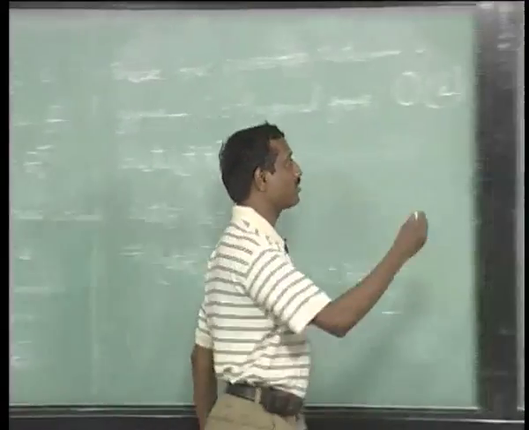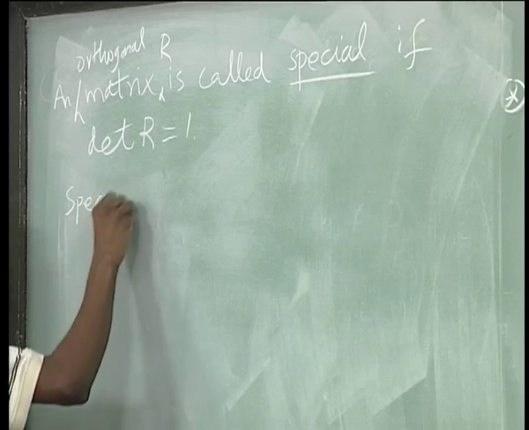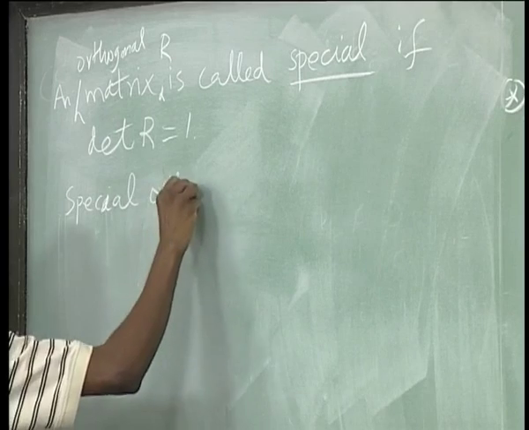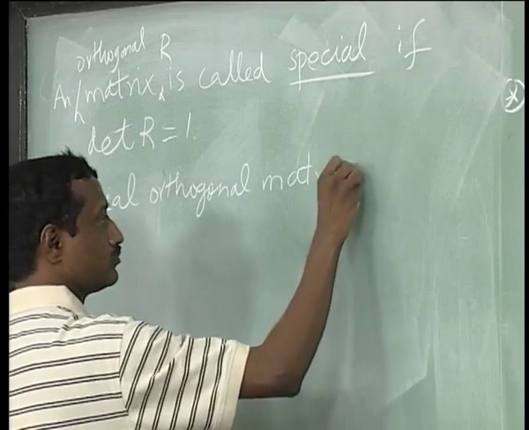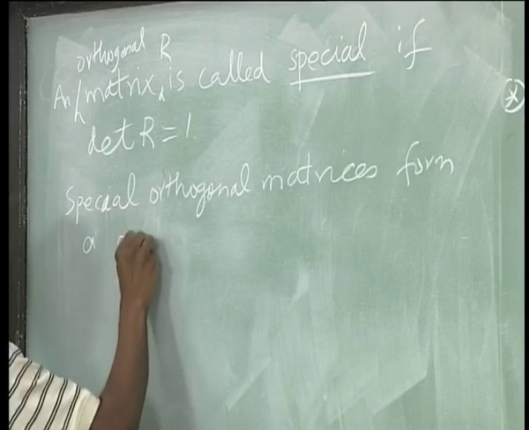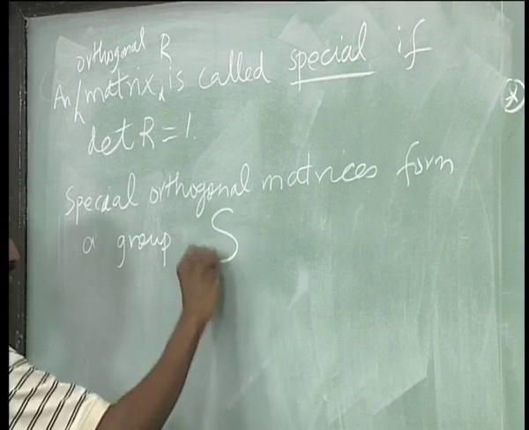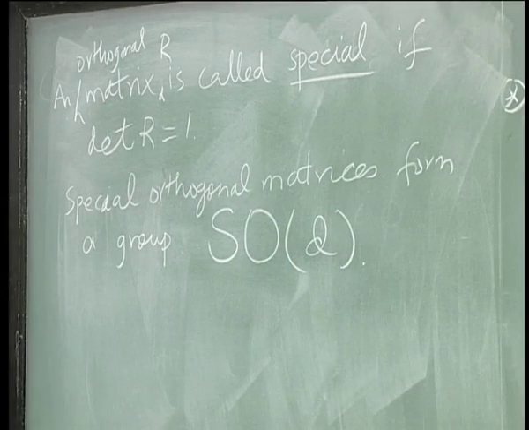So, special orthogonal matrices form a group, SO(d).